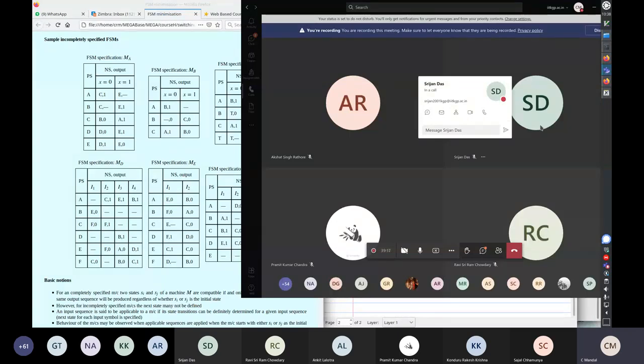So if you want A and B to be compatible, you always have the option to make the next state of A on I1 compatible to the next state of B. The easiest way is to set that to E itself. And since the output is unspecified, you can set the output to 0. So you have the freedom because it is unspecified.